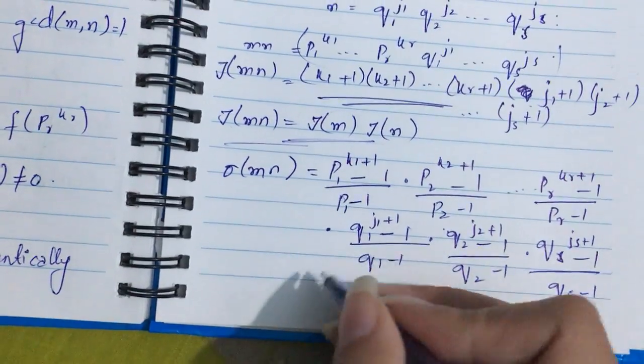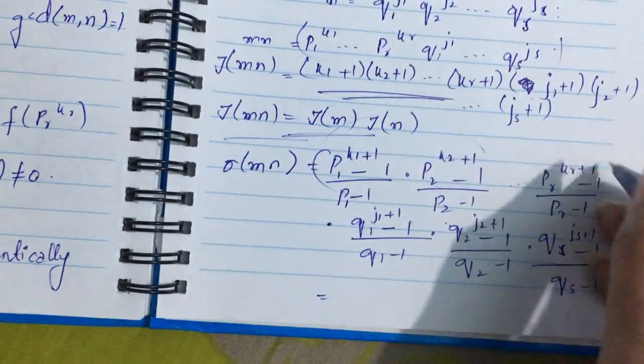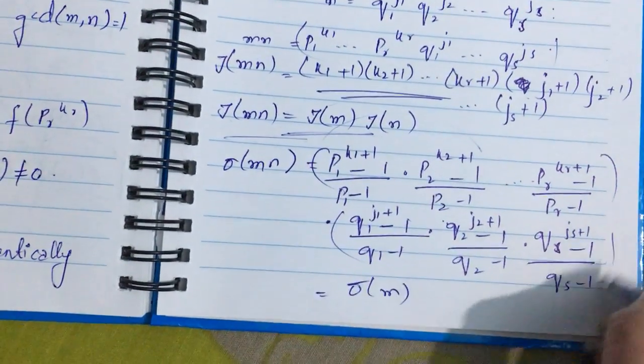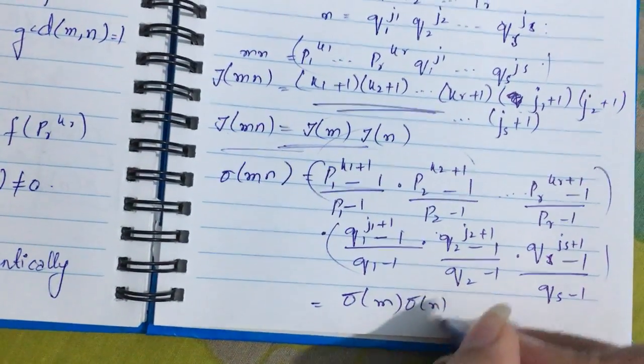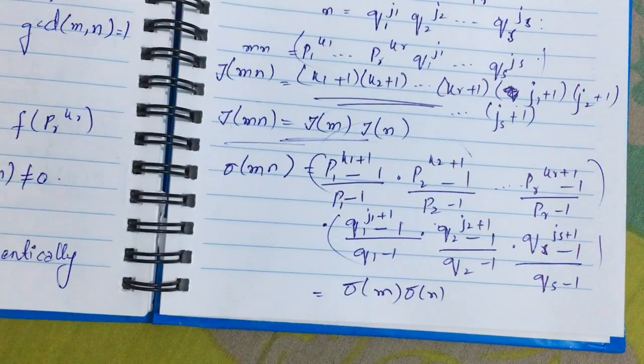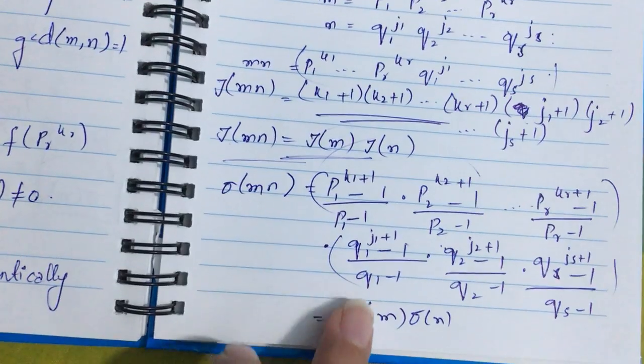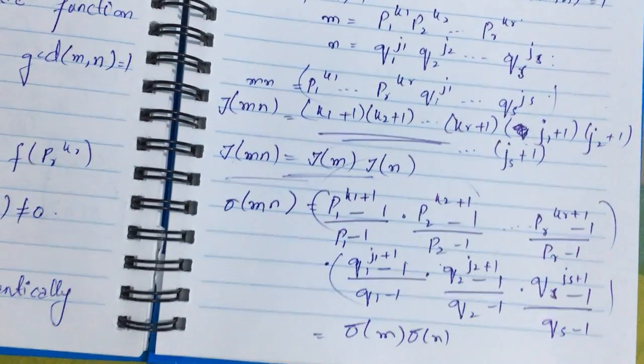The first whole term is the value of sigma of m, and the second whole term is the value of sigma of n. Hence tau and sigma are multiplicative functions.